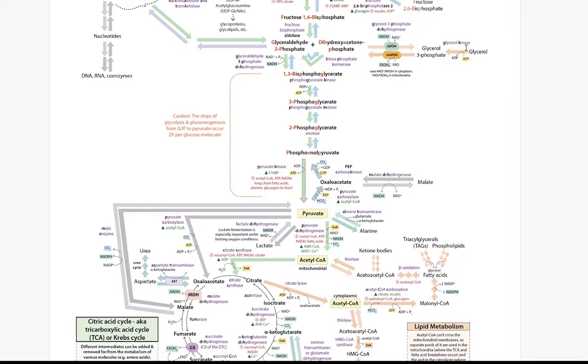The glycerol backbone, you can then use glycerol kinase to phosphorylate it, and then you're going to basically convert it into dihydroxyacetone phosphate. And that is then going to allow you to take those carbons and their electrons in through the mitochondria where they can be broken down further.